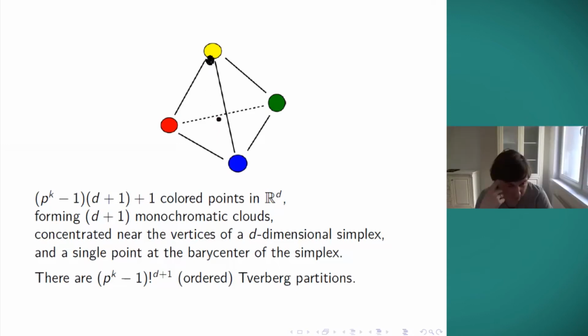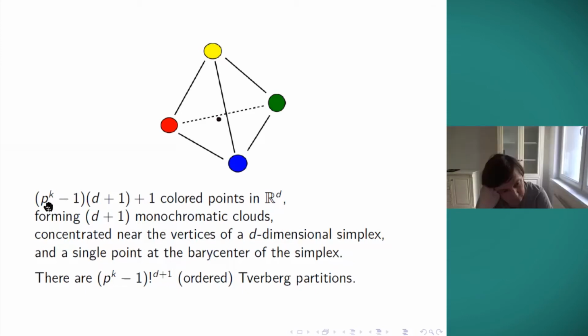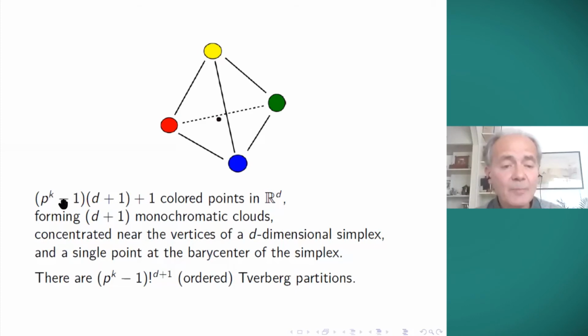Now, in the vicinity of each vertex, you have a cloud of points. More precisely, you have p prime number, or p to the k prime power, minus n number of points in each color. So here it's yellow, red, blue, and green.